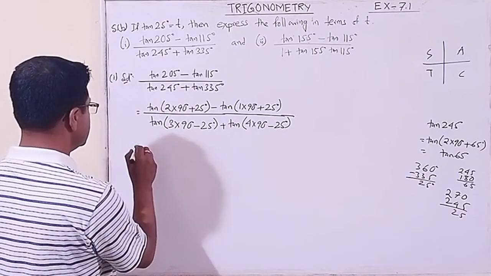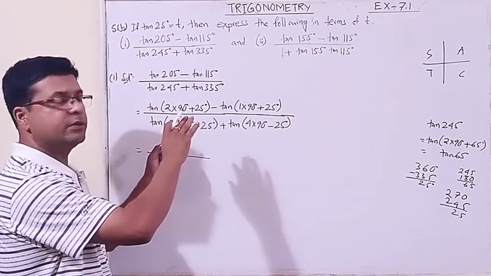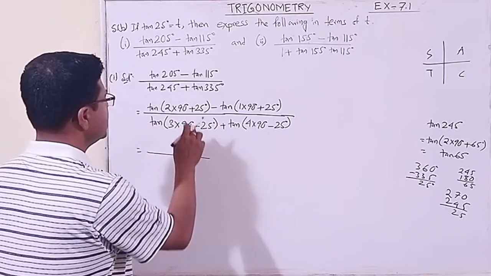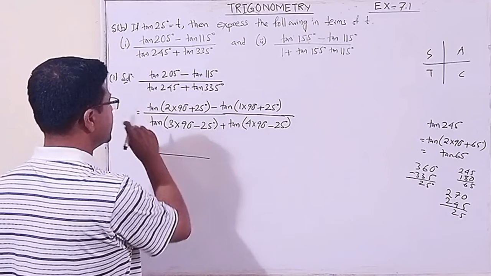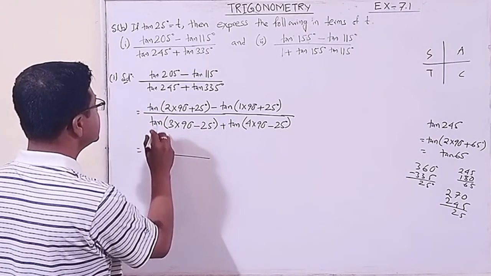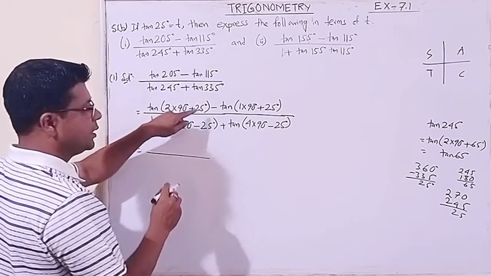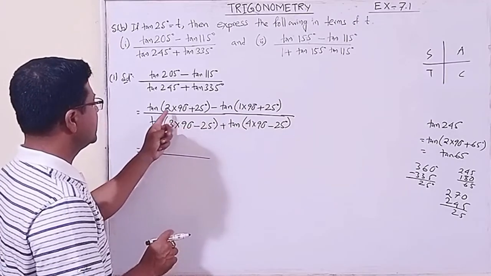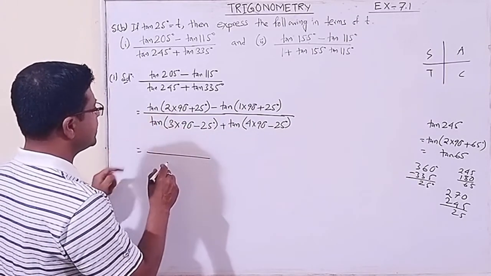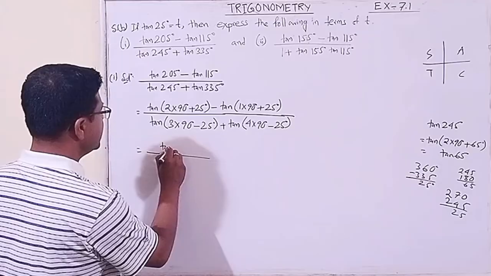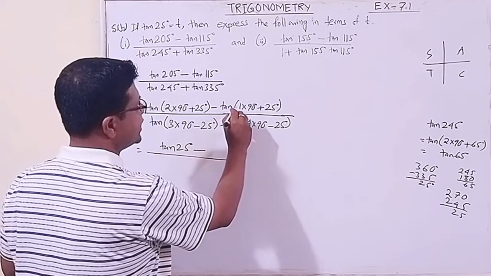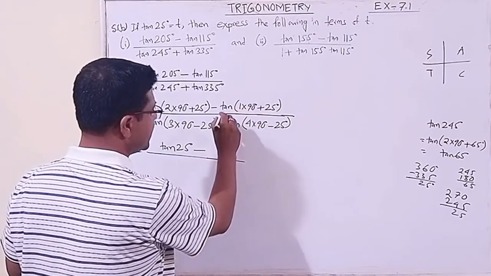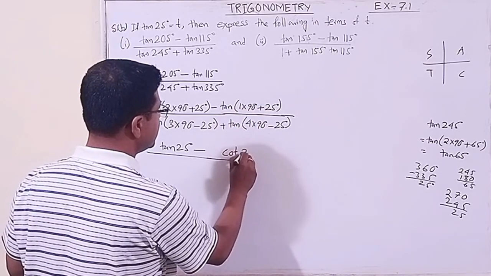Okay. So now everything will be converted to tan 25 degree. You will see. We have written 25, 25, 25, 25. That's why. Okay. Now it is. Already we have discussed, this is in the third quadrant and it is an even multiple of 90 degrees. So this is tan of 25 degree. Minus, again this is an odd multiple, so tan will be converted to cot 25 degree.